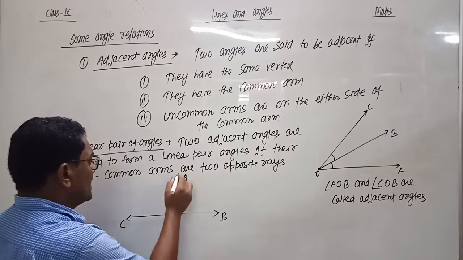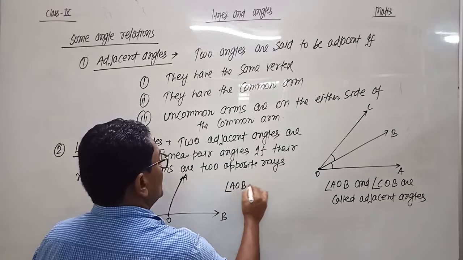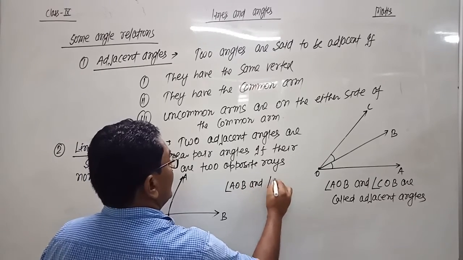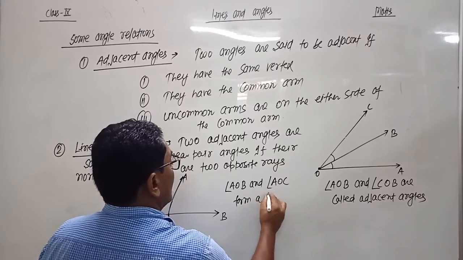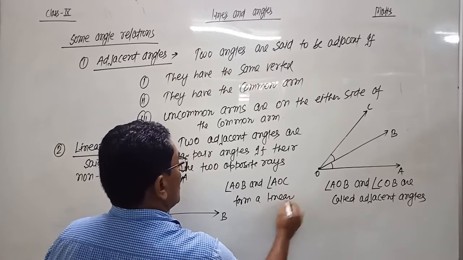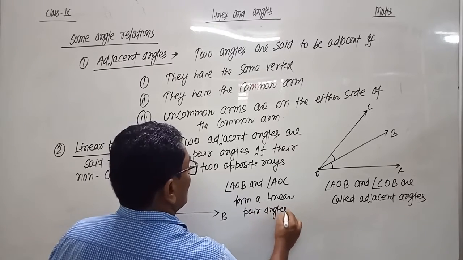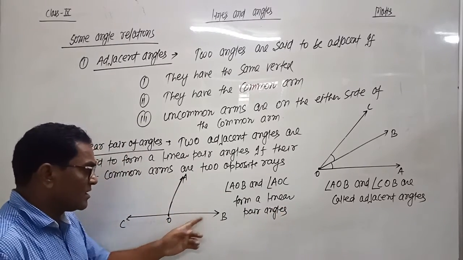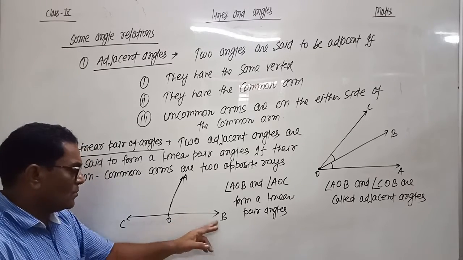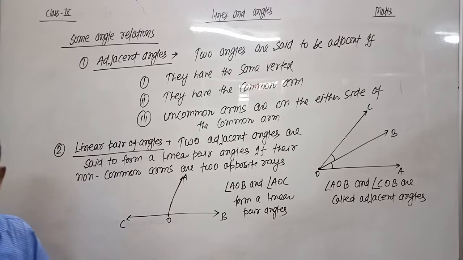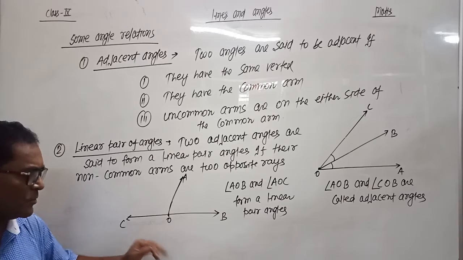Angle AOB and angle AOC form a linear pair because their uncommon arms OB and OC are directly opposite rays.